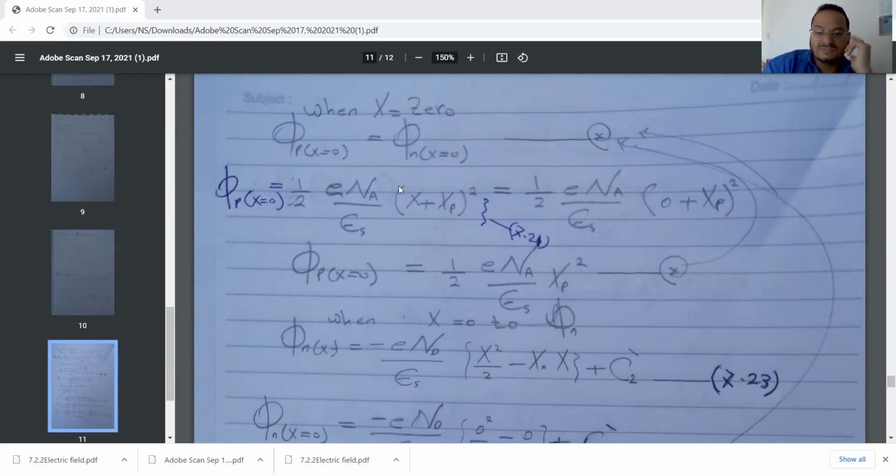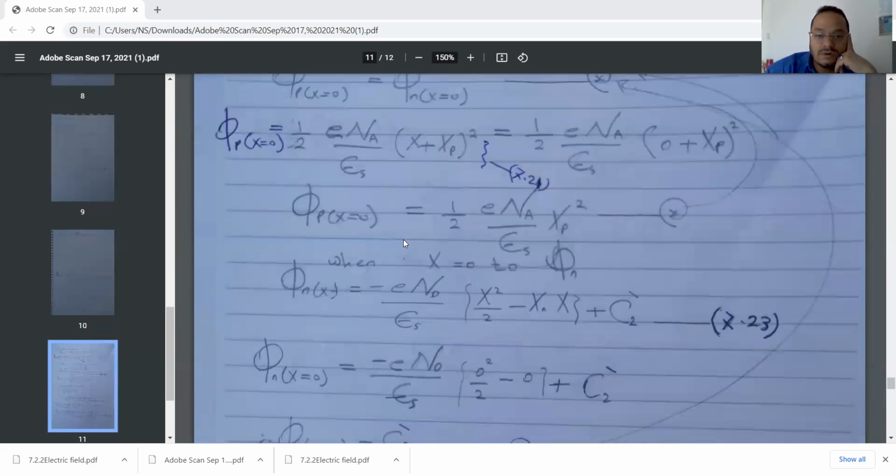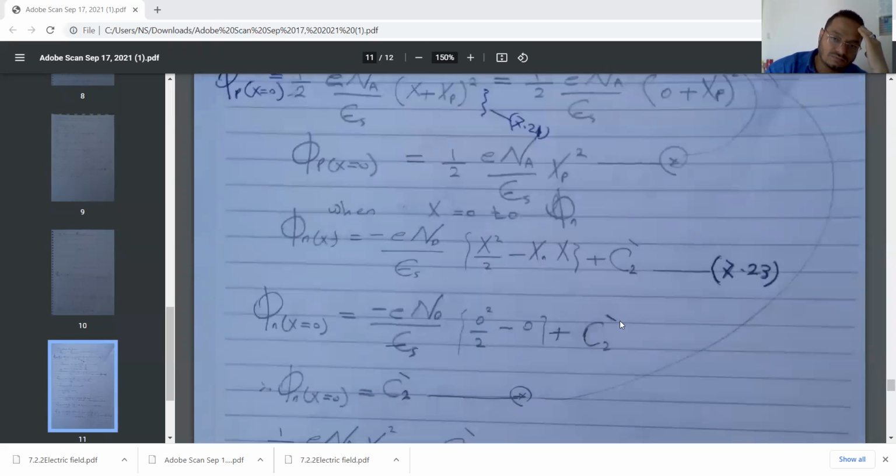But here we know equation 7.23. Let's deal with it, and after that we will come back to solve this idea. Here, the potential in the N region for x equals minus the electron donor concentration divided by the permittivity, times the bracket x squared divided by 2 minus the width in the N region times x, plus the integration constant number 2.